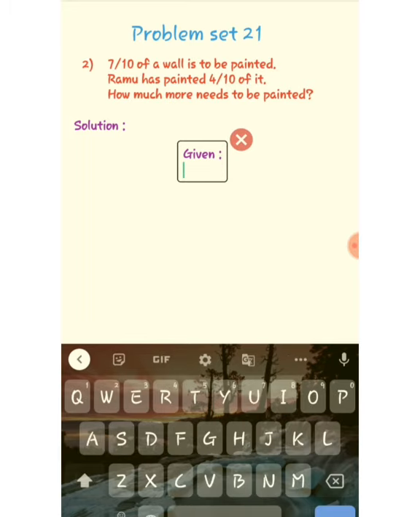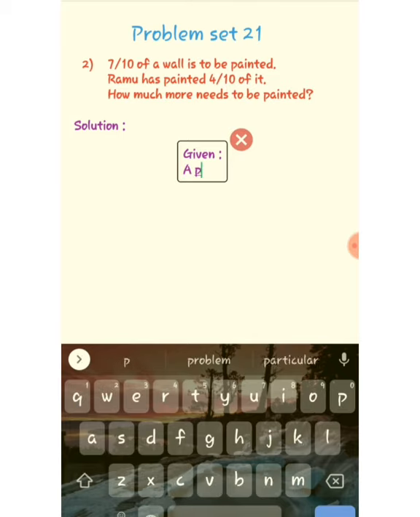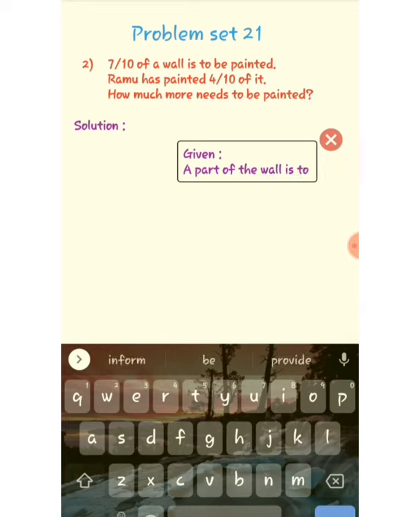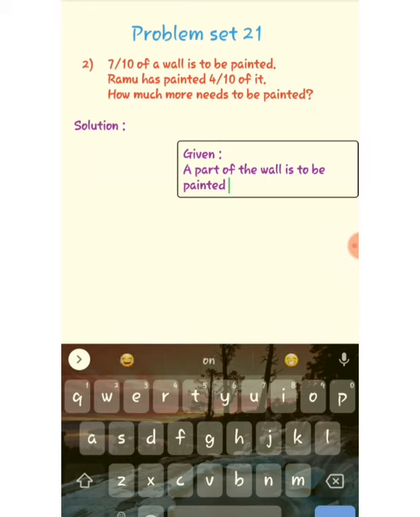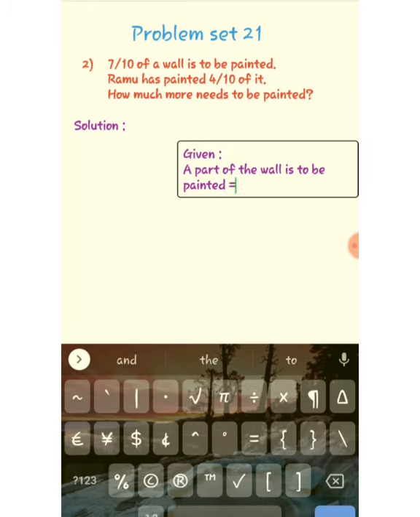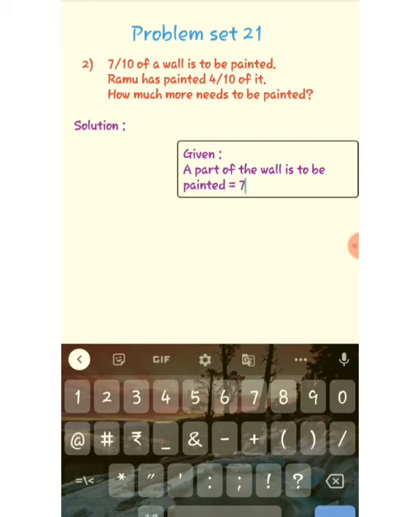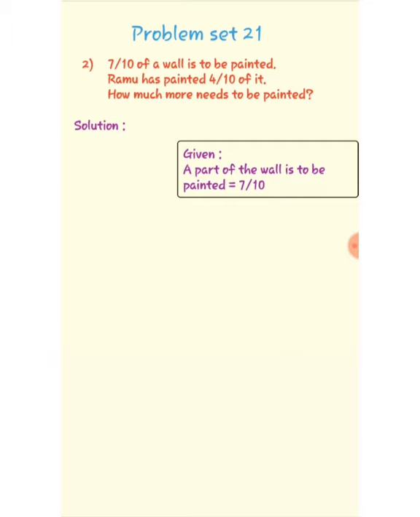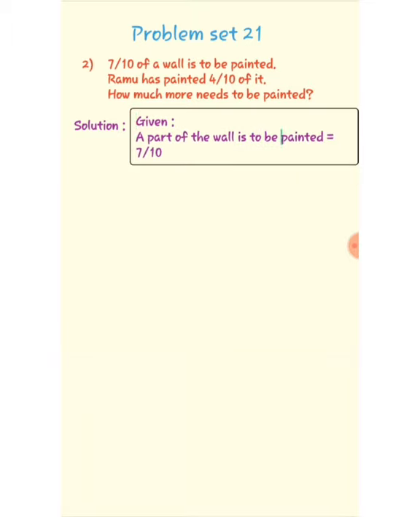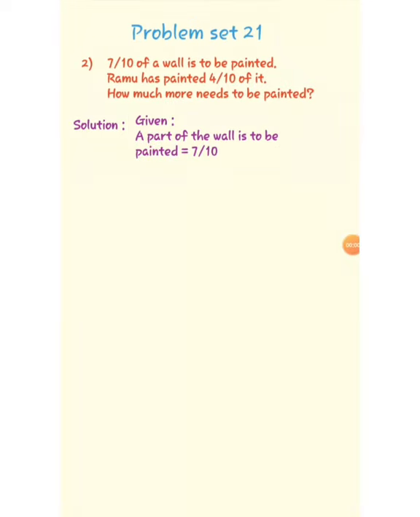In that given part, first we will write: a part of the wall is to be painted is equal to 7 upon 10. So 7 upon 10 part of the wall is to be painted. This is the first given part.